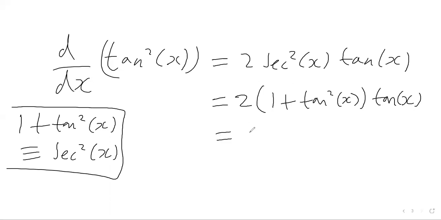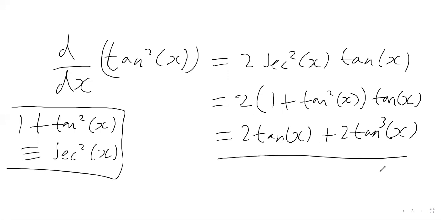And so this will be 2 tan x plus 2 tan cubed x. Okay, perfect. Yeah, so that's another way that you can rewrite this result.